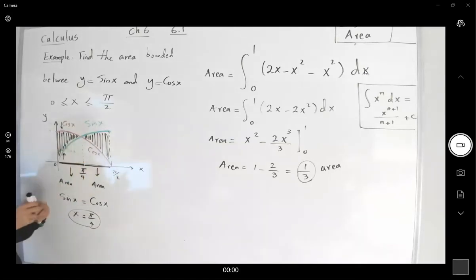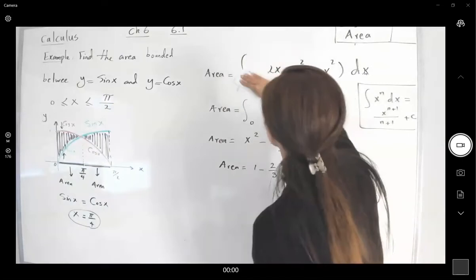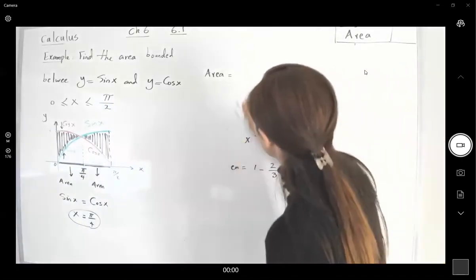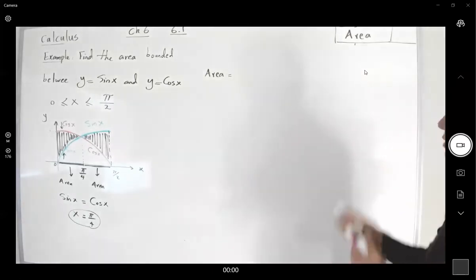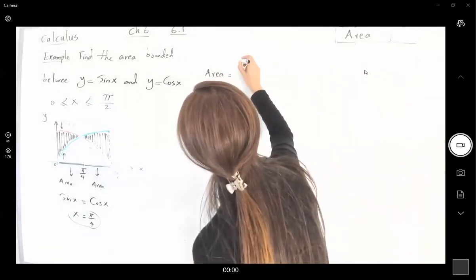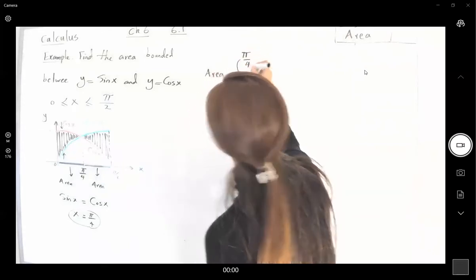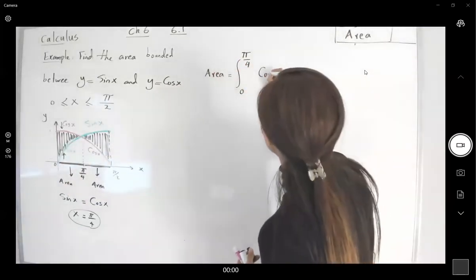So it means that if you want to calculate the area, this area is going to be the area between 0 and pi over 4. Between 0 and pi over 4, the top function is the cosine function.